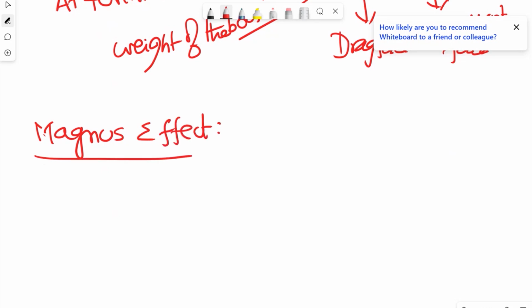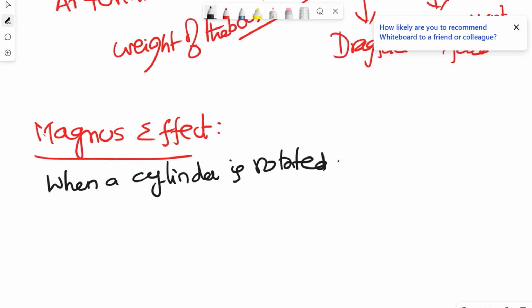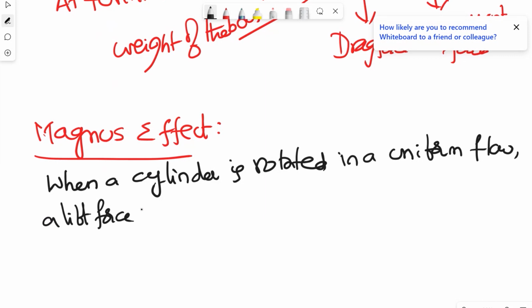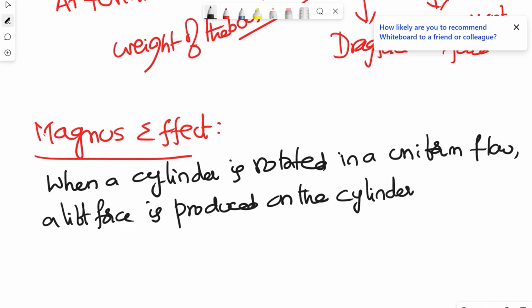The Magnus effect is when a cylinder is rotated in a uniform flow, a lift force is produced on the cylinder due to the circulation.